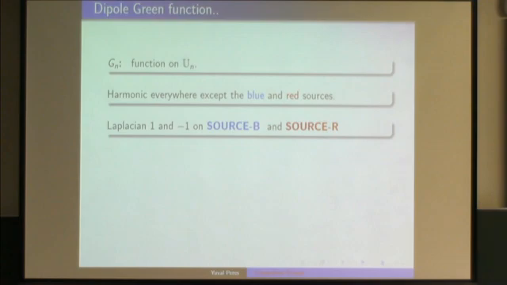Because we have a reflected random walk, the green function from a single source is not naturally defined unless you do some truncation. But once we have two sources that balance each other, then there is a natural green function.